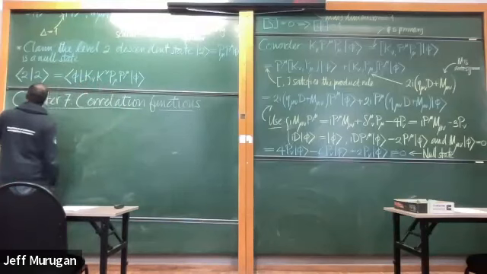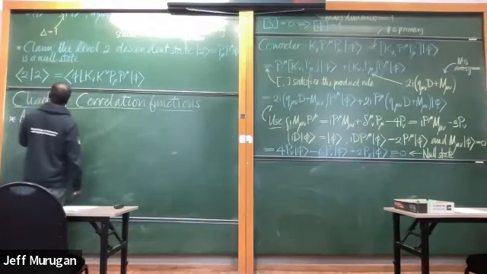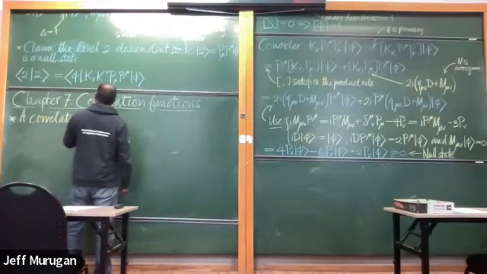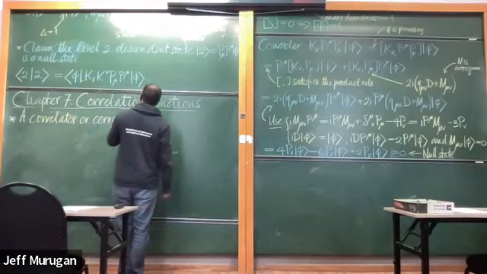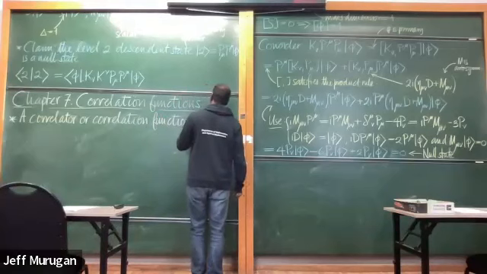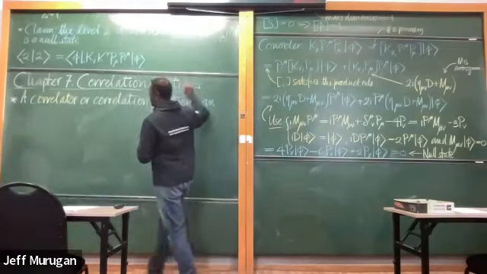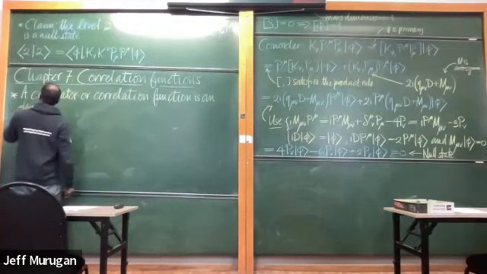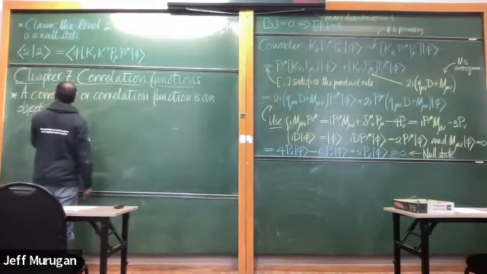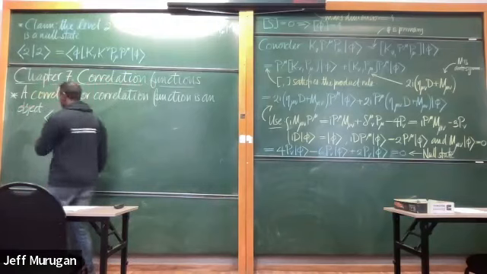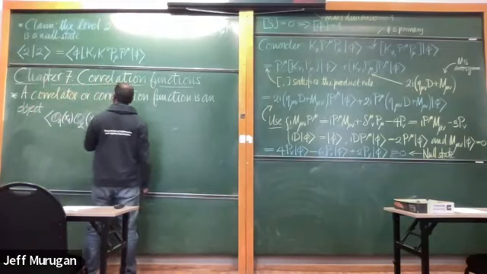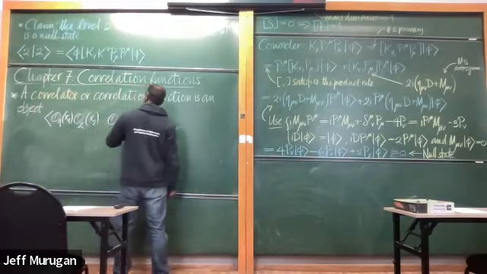So a correlator, or correlation function, is an object of the form, an n-point correlation function, O1(x1) O2(x2) ... On(xn).